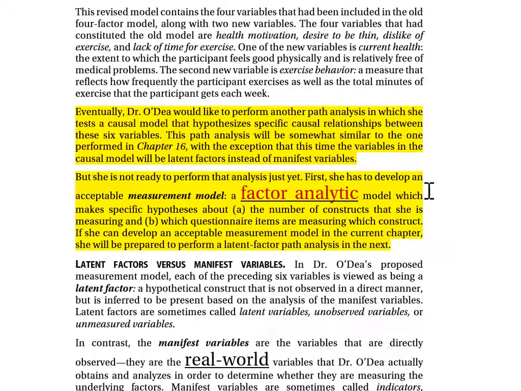First, she has to develop an acceptable measurement model. This is a term you'll read a lot in Chapter 17. Measurement model is a factor analytic model which makes specific hypotheses about the number of constructs that she's measuring, and which questionnaire items are measuring each construct. If she develops an acceptable measurement model in the current chapter, she'll then be prepared to perform latent factor path analysis in the next chapter.